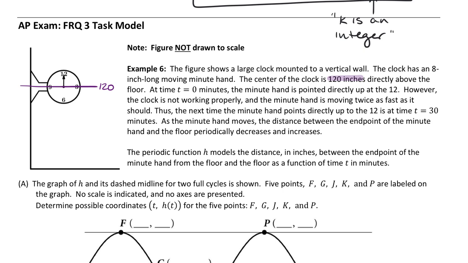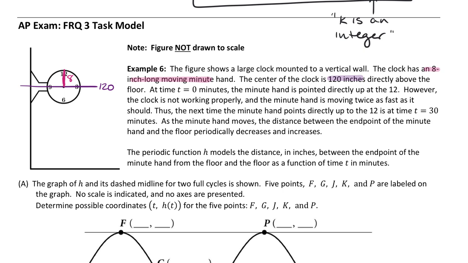The piece of this puzzle that is moving is the minute hand. How long is the minute hand? 8-inch long moving hand. So that means that this distance, if we're looking here, is 8 inches. Fabulous.